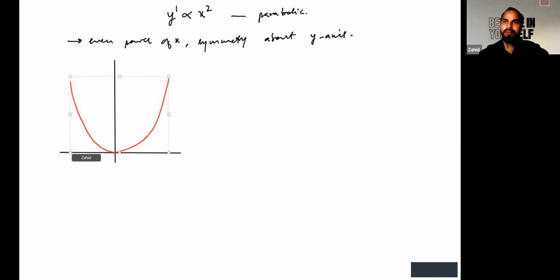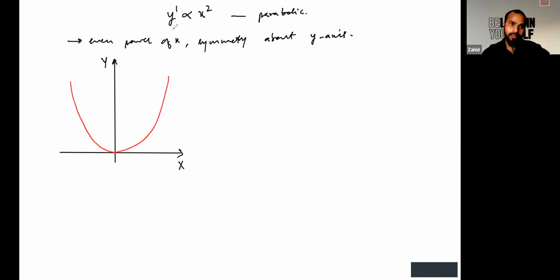It is depicting symmetry about the axis. So this is your y-axis and this is your x-axis. If I draw a vertical line from this, it will break this particular curve into perfectly identical halves. So a curve like this is called a parabola or parabolic curve.